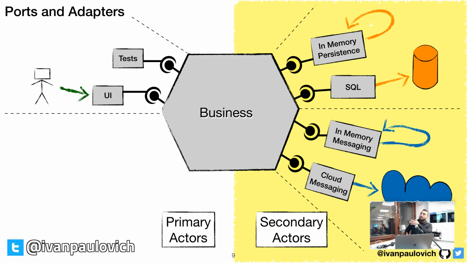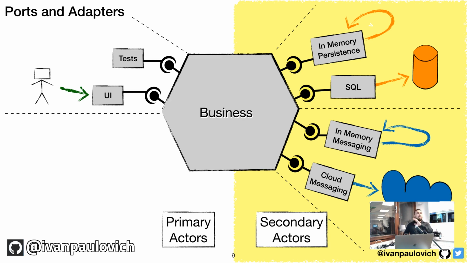And we can see that each side of the hexagon has these adapters. In that case, we have an in-memory messaging and a cloud messaging, both giving the same feature to the application, which is some messaging mechanism.